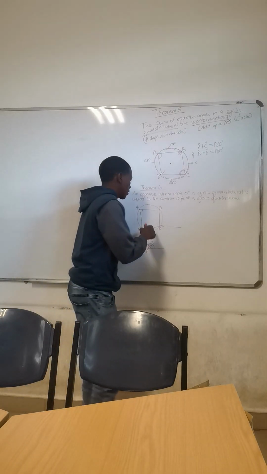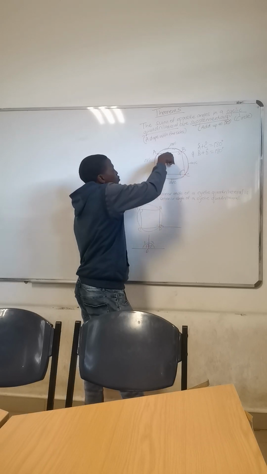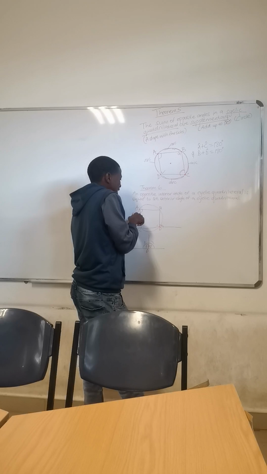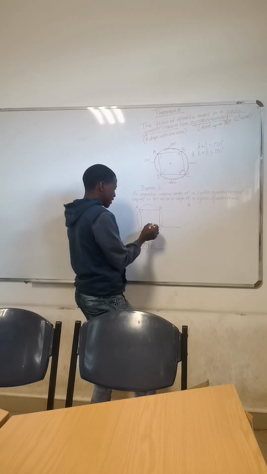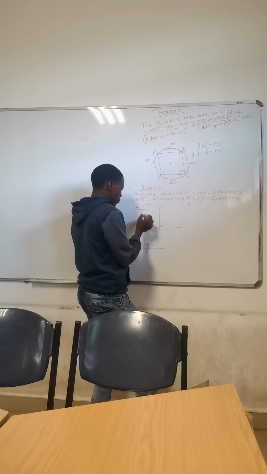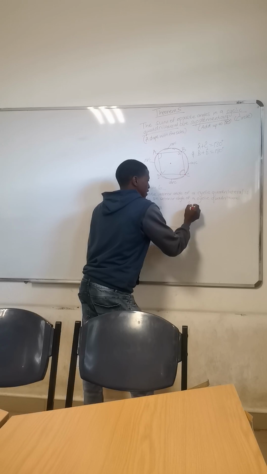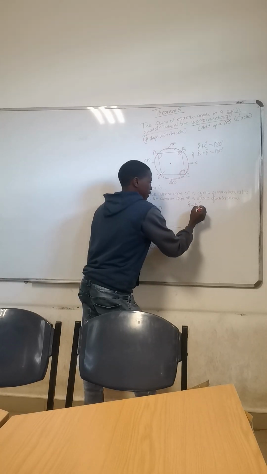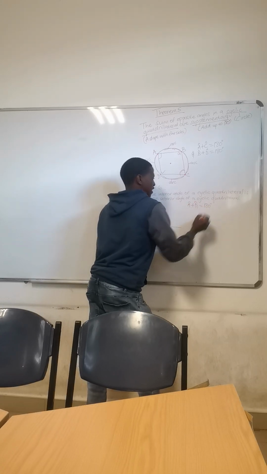From this cyclic quad, we use Theorem 5: the sum of these two are supplementary. A plus angle D, which is D1, is equal to 180 degrees.